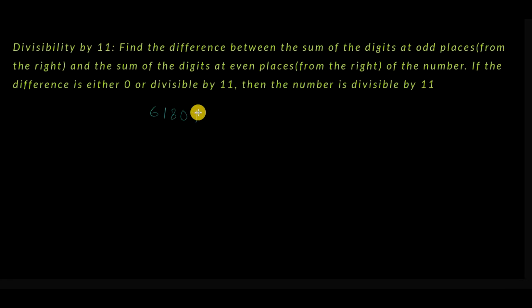So what we need to do is sum these numbers and sum these numbers, I mean add these numbers. 9 plus 8 plus 6 will be how much? 15 and 23, 23, right?